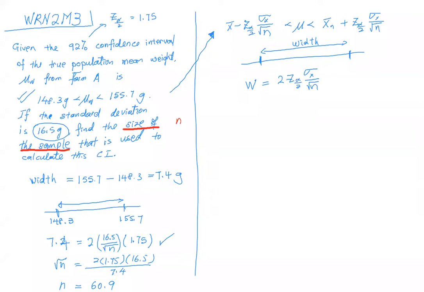So remember, for sample size, always round up. Round up, that means whatever value to the nearest whole number. So n is equal to 61. Are you clear?